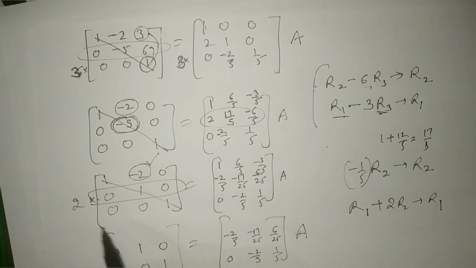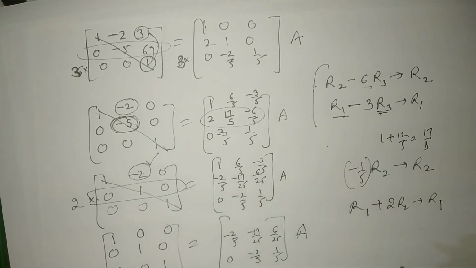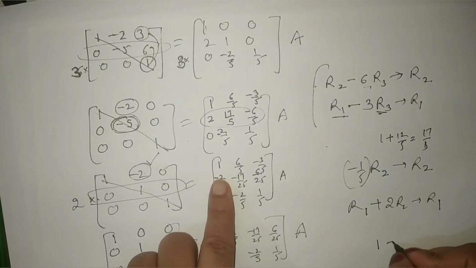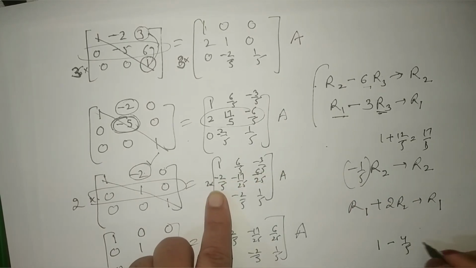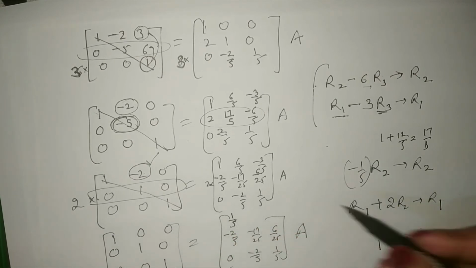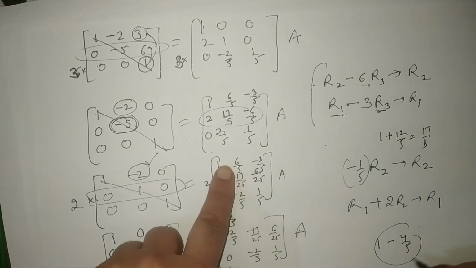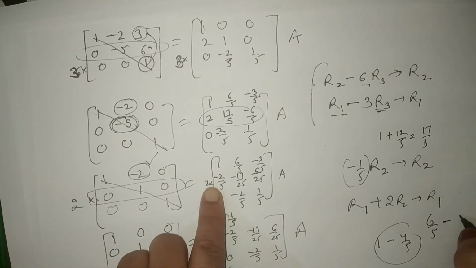Now first row, when multiplied by 2 and added to this, will be 1, 0, 0 plus 0 is 0. Here also you have to add, multiplied by 2, it will be 1 minus 4 upon 5, it will be 1 upon 5 here. When we multiply the other element, it is 6 upon 5 minus 34 upon 25.